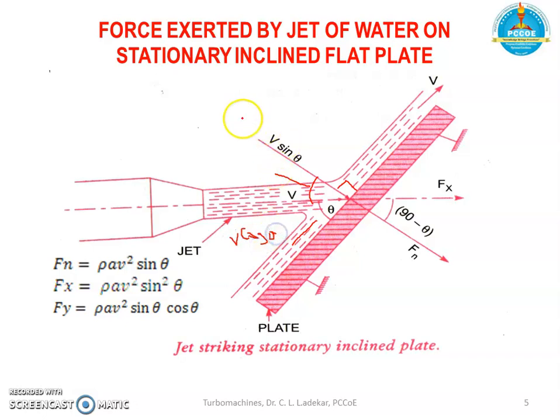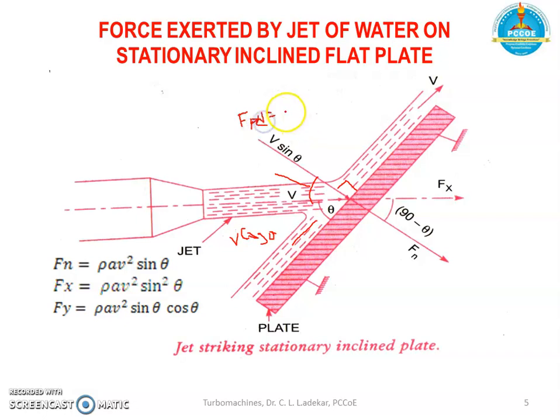This is the velocity with which it will be impinging on the plate in the normal direction. If you want to calculate the force in the normal direction, in place of Fx you say Fn, that is the force in normal direction.